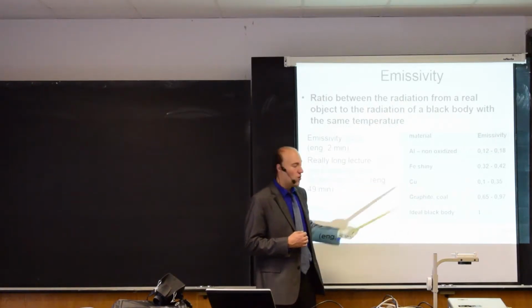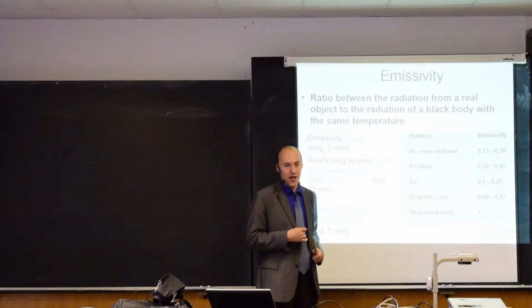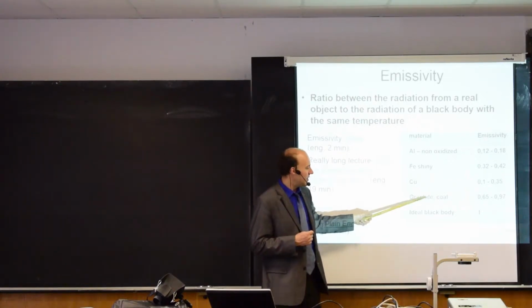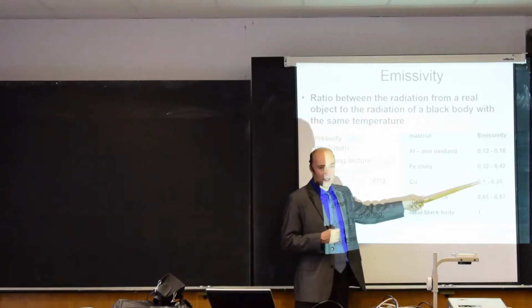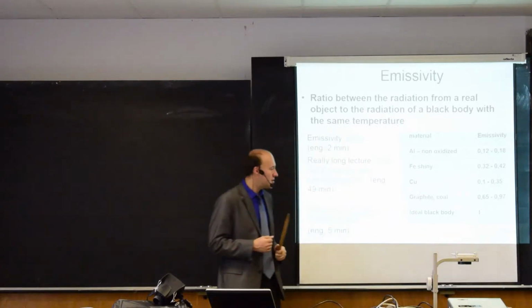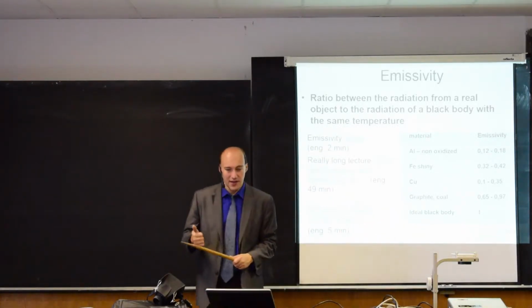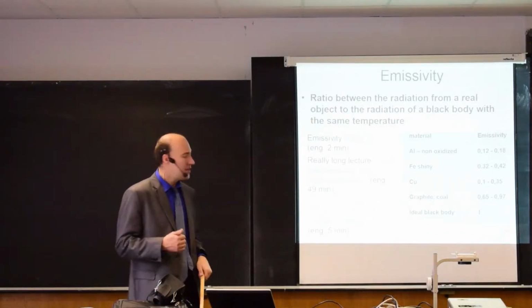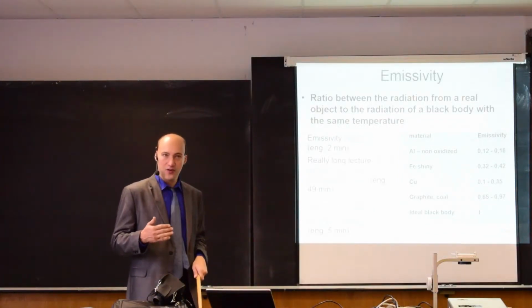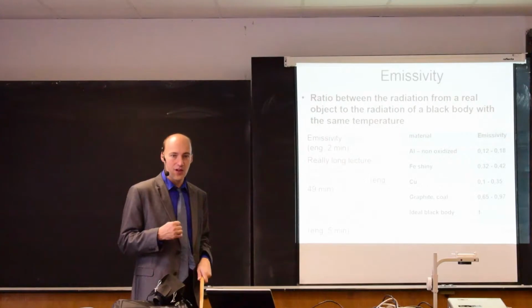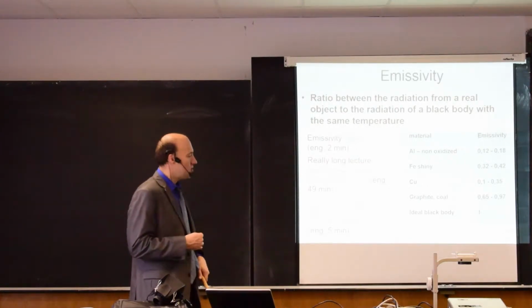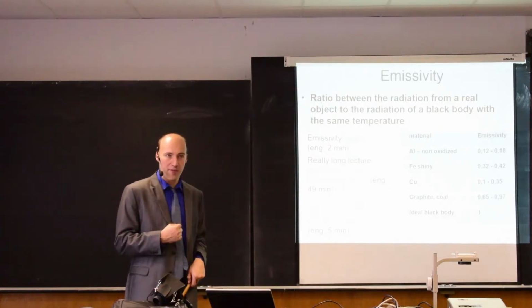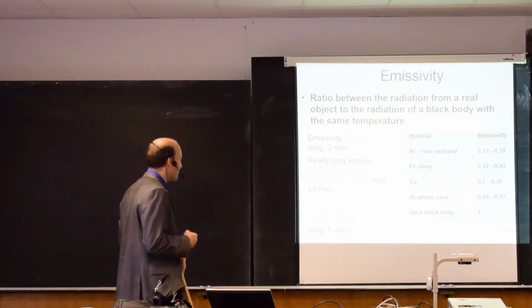We'll see also what will happen if we don't do that. So there is a really large range of emissivities, and this is one of the biggest issues when you are doing infrared measurements. It is that you don't know the emissivity of your object, so then you can't read the absolute temperature from the object.